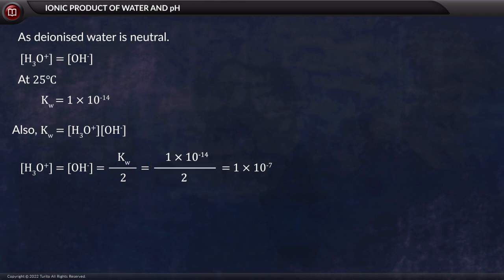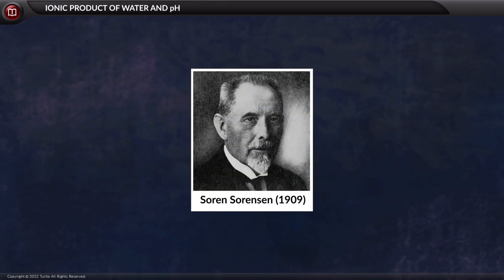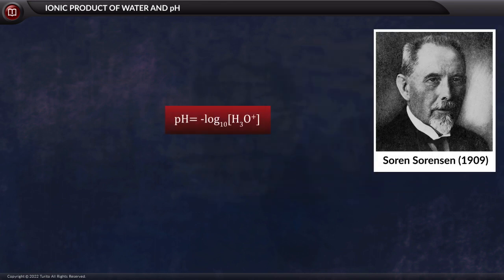After discussing the ionic product of water, let us learn the pH scale. Sorensen, in 1909, introduced the term pH scale to determine the concentration of hydronium ions or H+ ions in the solution. The pH of a solution is the negative logarithm to the base 10 of the concentration of hydronium ion.